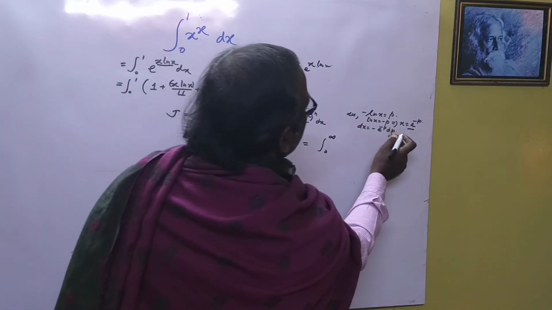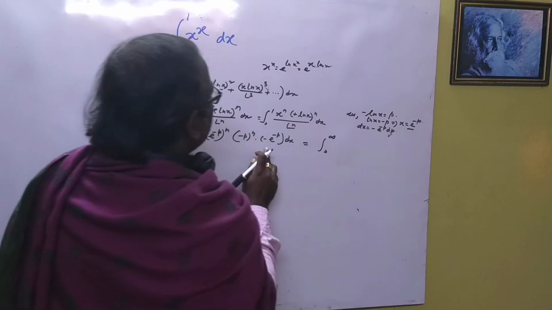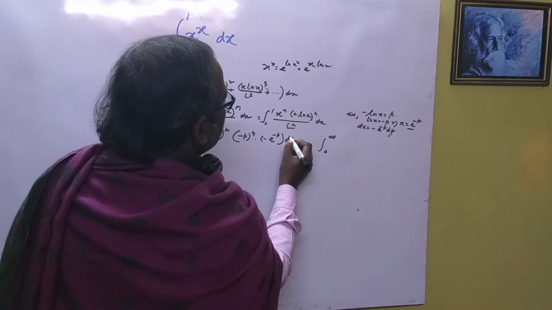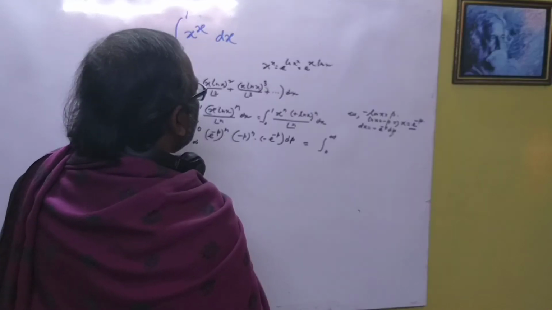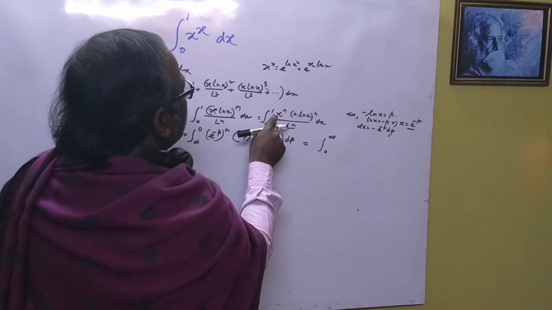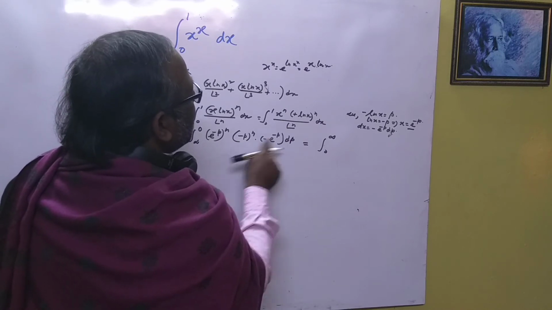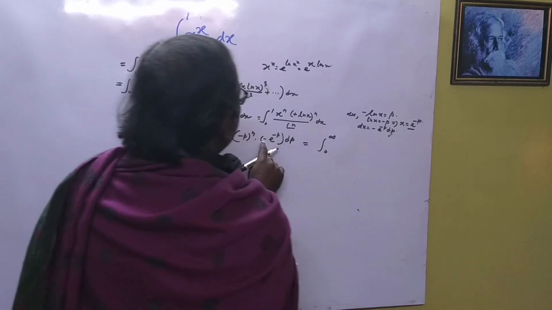In place of x to the power n is this, in place of ln x is this, and in place of dx is minus e to the power minus p dp.